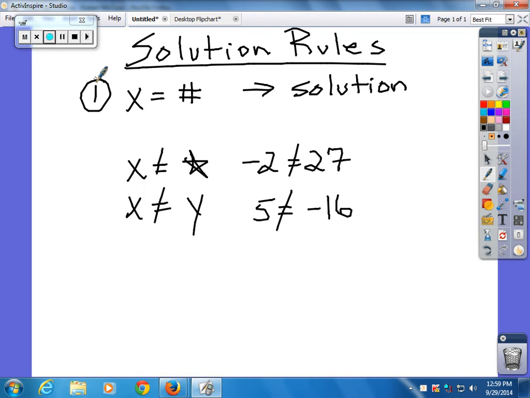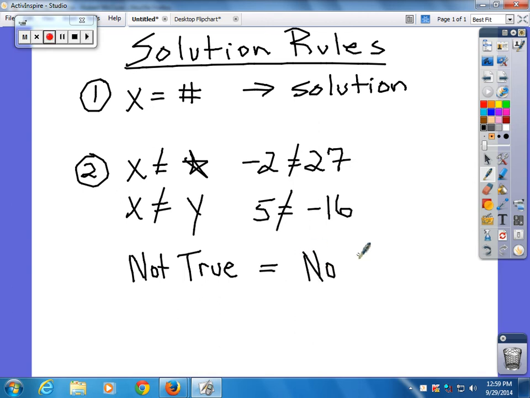So the first type problem, you're going to get x is equal to a number. The second type problem, you're going to get something that is not what? True. If you get something that's not true, your answer is no solution.